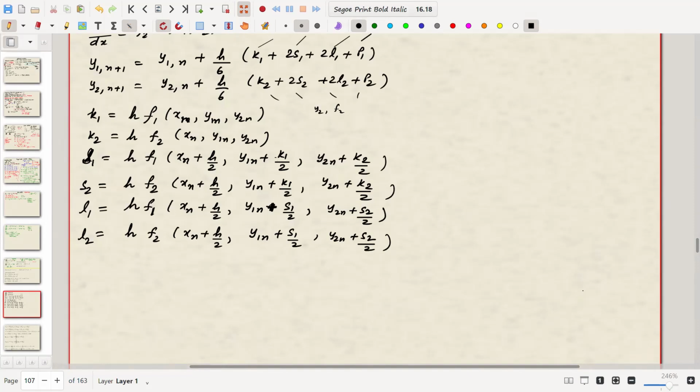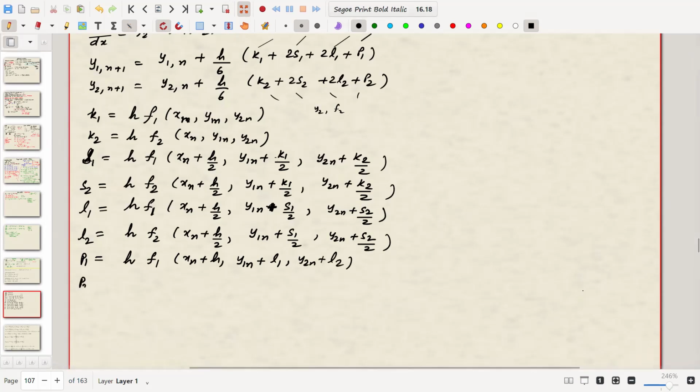L1, L2. Then we are left with only P1. What should be P1? H into F1 of, good. So many of them are following the pattern. Similarly, P2 equals H into F2 of xn plus h, y1n plus L1, y2n plus L2.